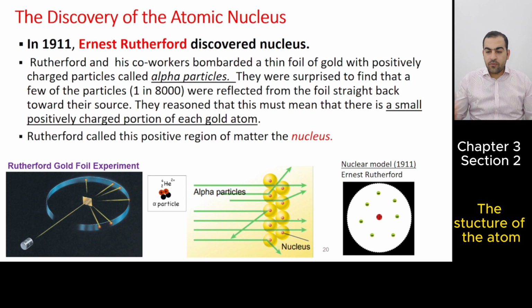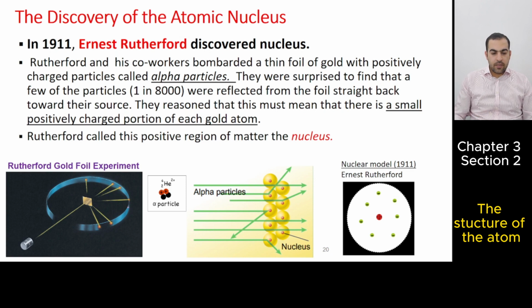They were surprised to find that a few particles, one in 8,000, were reflected from the foil straight back toward the source. This must mean there is a small positively charged portion of each gold atom. Rutherford called this positive region of matter the nucleus.